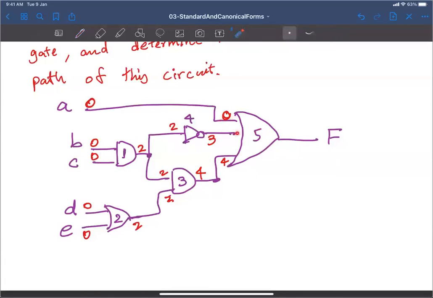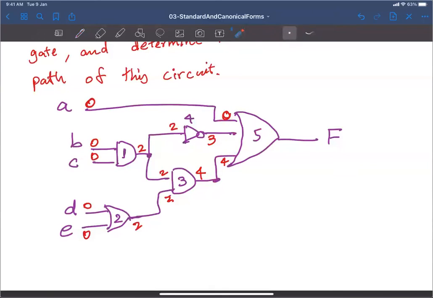So we have here a wire that has 0 delay, another wire that has a delay of 3 nanoseconds, and a third wire that has 4 nanoseconds. To account for the worst case, we have to wait all the way for the longest delay, which is coming from this wire.